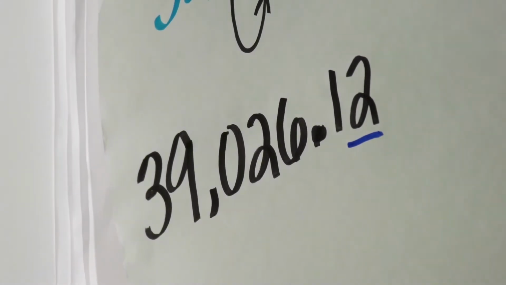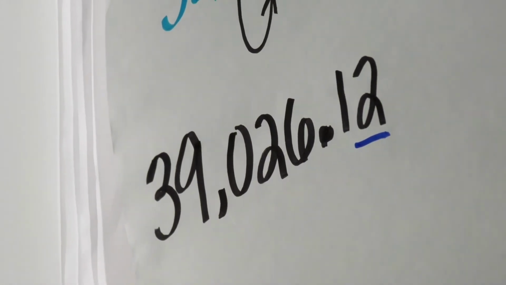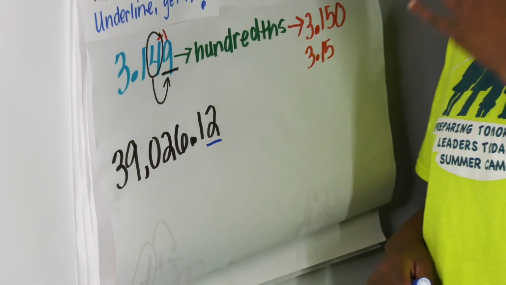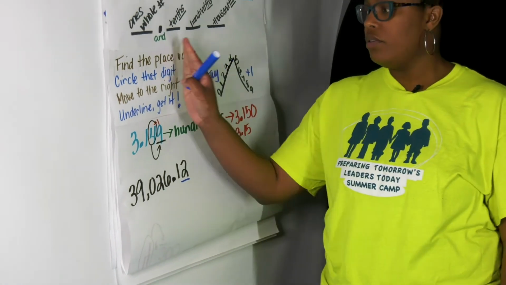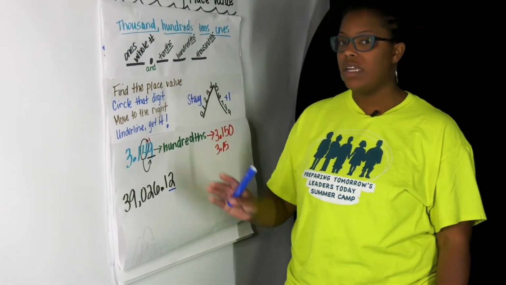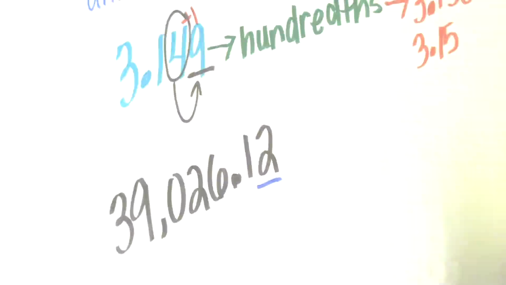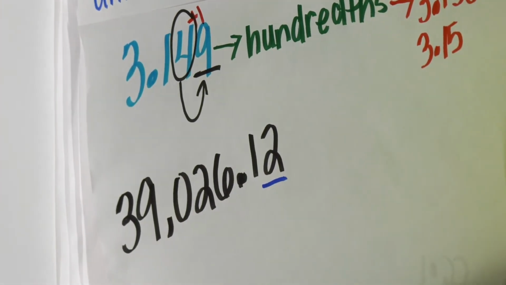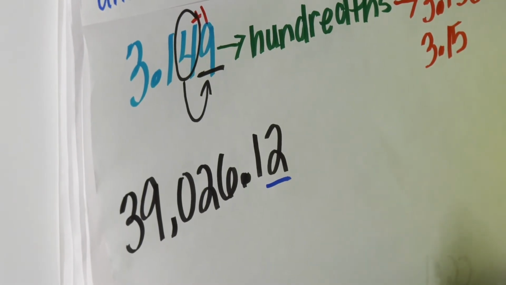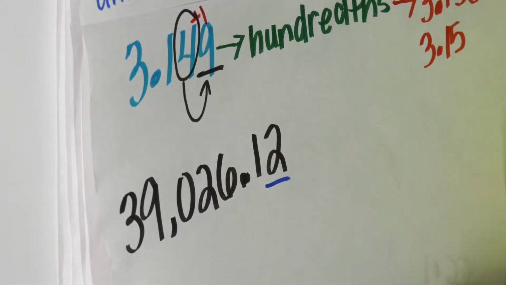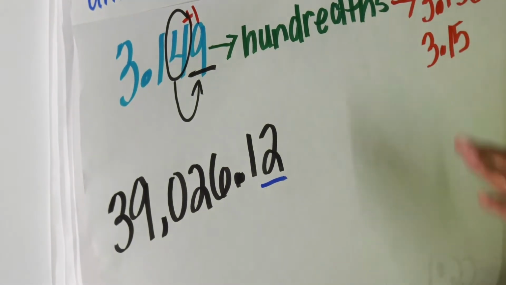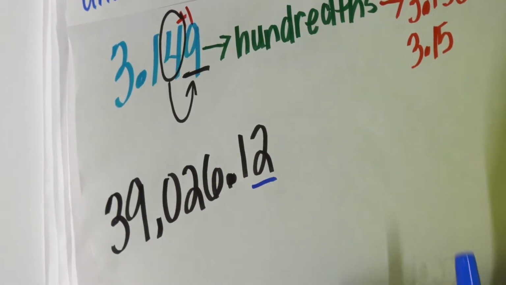And what we're going to do is determine what is the value of this 2. If you were asked to find the value of this underlined digit, don't think about rounding because we're not rounding right now. We're just finding the value. Okay, so our underlined digit is 2. And all we're doing is writing the values of that digit or identifying the values of the underlined digit. We're not rounding, we're just identifying the values.